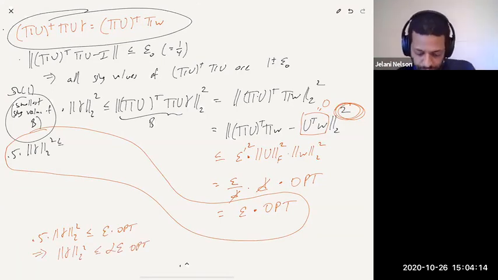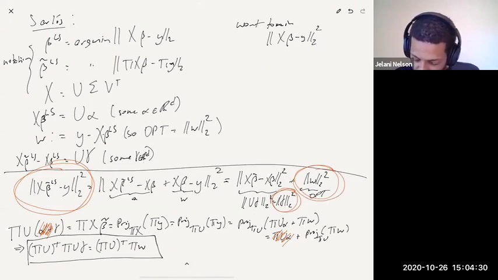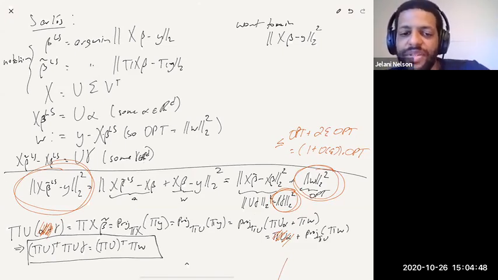So if you go back, we said that the quality of beta tilde is equal to opt plus gamma squared, which we just said is at most opt plus 2 epsilon opt. So that's 1 plus O of epsilon times opt. Does that make sense? So we managed to use approximate matrix multiplication in combination with subspace embeddings to give a different analysis of sketch and solve.